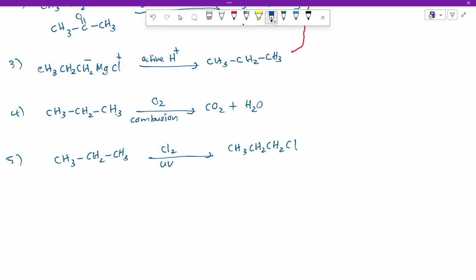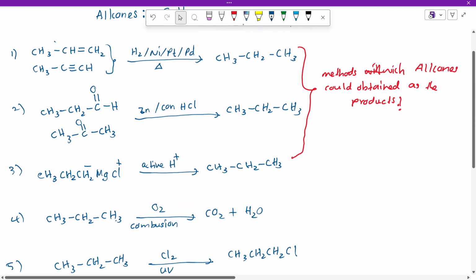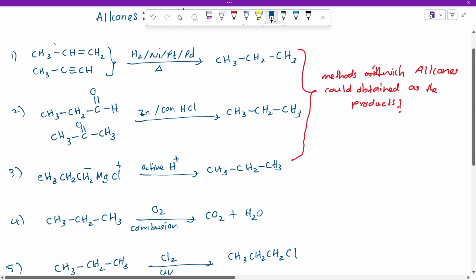After you're done with this reaction summary, please note that I'll have to come back to the beginning part. For the second one, we said that zinc with concentrated HCl is called the Clemmensen reduction.